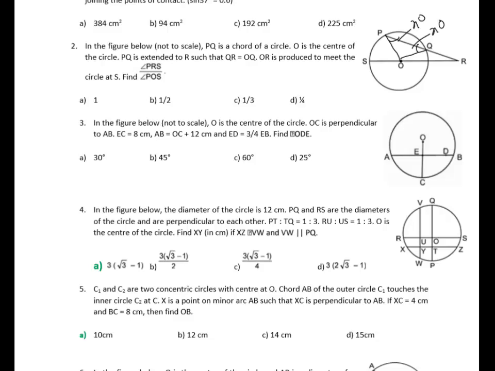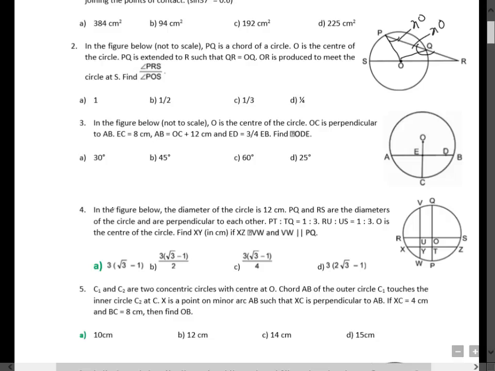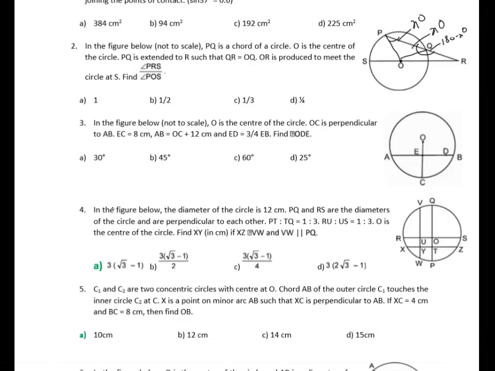What is angle OQR? Can you identify that it is an external angle? So the external angle you can write as 180 minus x degrees. Now what is this angle?